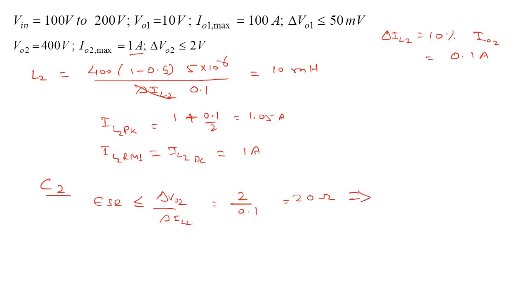So again, using a similar method as we did for the first winding, first output voltage, C2 required for this much ESR is 5 microfarad, very small capacitance.